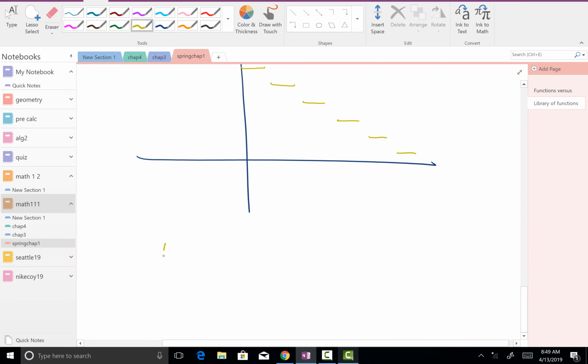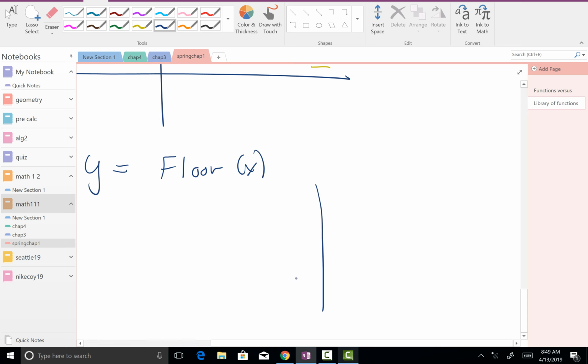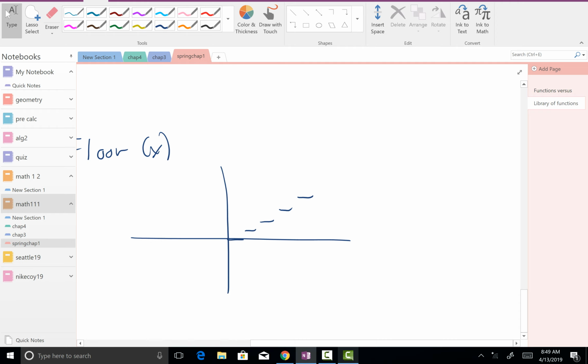Okay, so we have y equals floor of x, which gave us this little graph here. This one rounded down. What's the domain? What's the range?